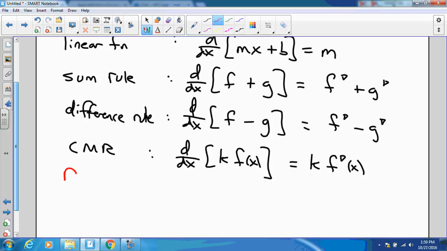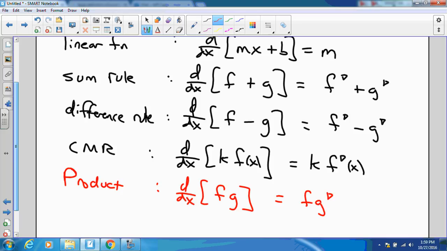But the product rule is where we started to have to be really careful. The derivative of f times g is g f prime plus f g prime.